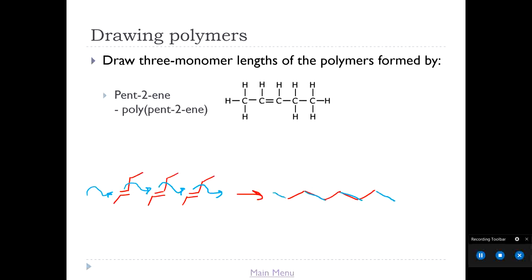So we'll create a new bond, and from over here, coming down off of those carbons, here is our methyl group, and here is our ethyl group off the top. And of course, we have to put it in brackets. We have our 3 repeating units. We put our N down there to show that it is a polymer. So this is what we would do to draw the polymer in a skeletal structure rather than drawing out the full thing in its full molecular formula.